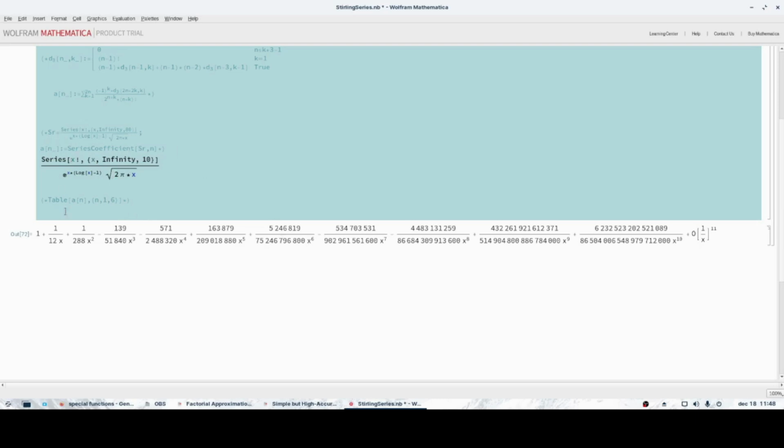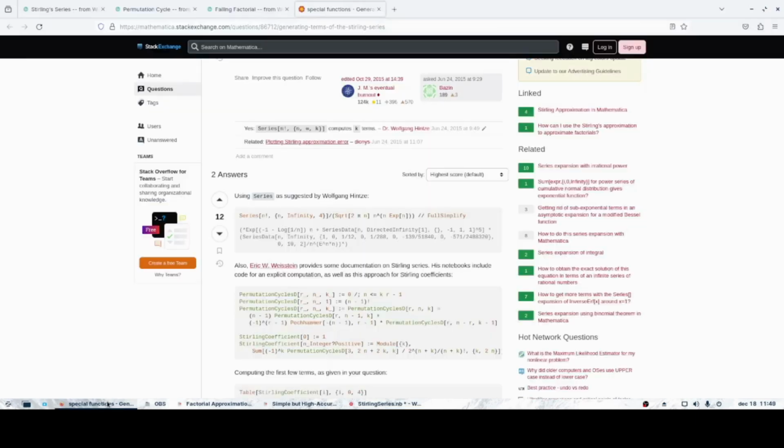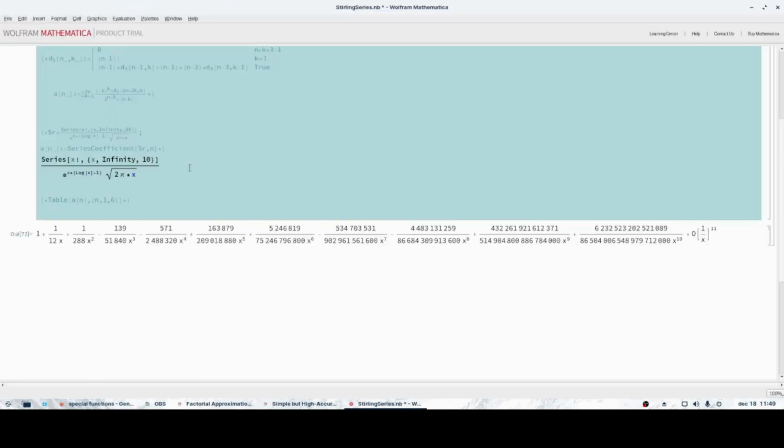I don't know why that is true, but if Wolfgang Hintze said so, we should accept it. So the real E and Stirling series coefficients are the series coefficient of the nth term from this series. So this is the first, second, third, and so on.